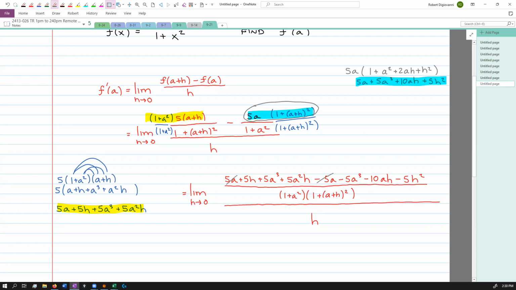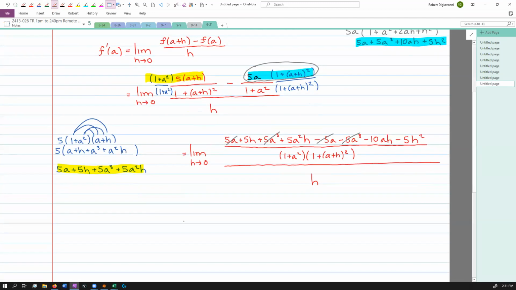5a, take away 5a. 5a cubed. That is it. That's all that cancels. Okay, but everything that's left has an h. Everything that's left has an h. Please notice that. There's an h here, there's an h here, there's an h squared there. So I'm going to pull an h out of each of those on the top. H, I got a 5 there, plus 5a squared.